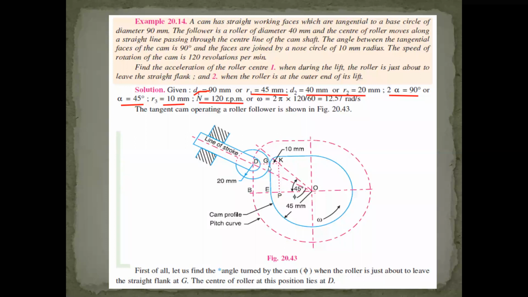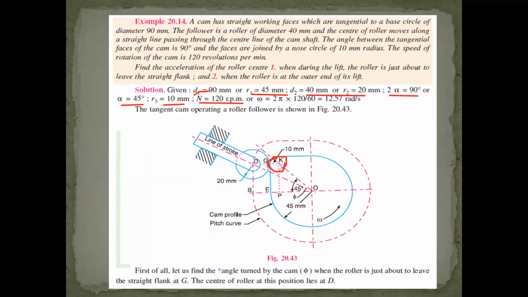So the nose circle radius is 10 mm. Just construct our nose circle with the radius of 10 mm.